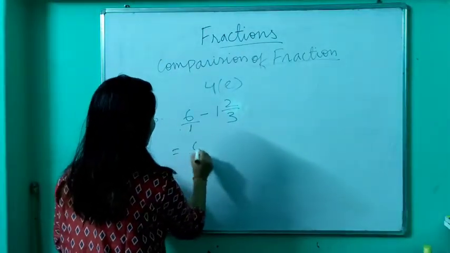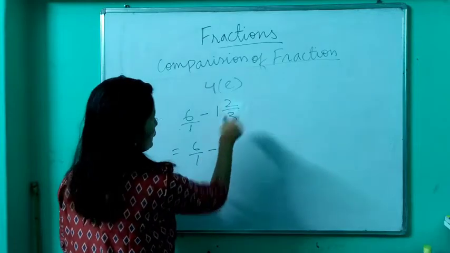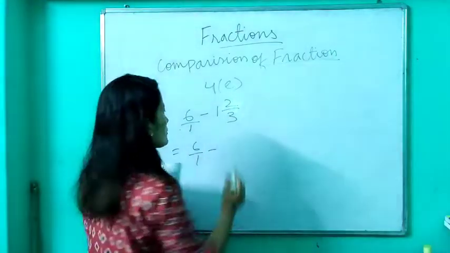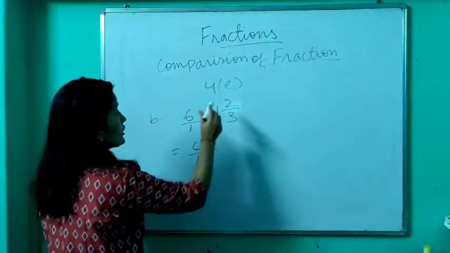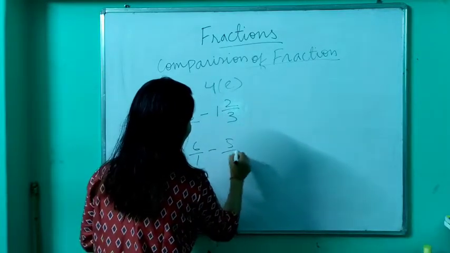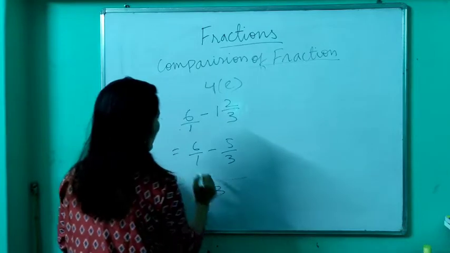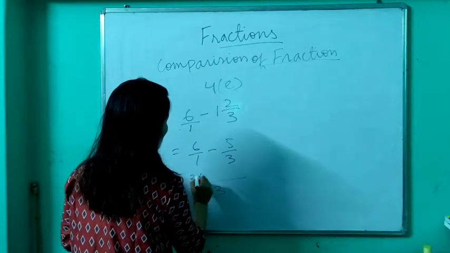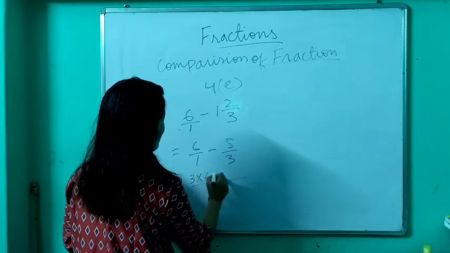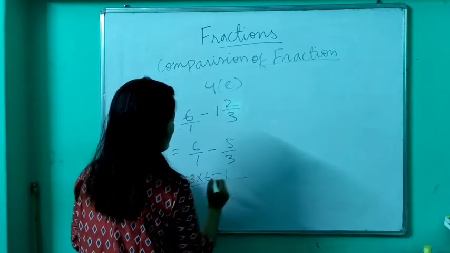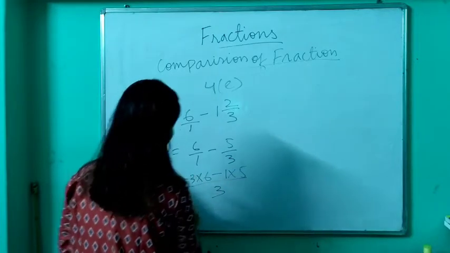So 6 by 1 minus, you have to convert the mixed into improper. So 3 1s are 3, 3 plus 2 is 5 divided by 3. So LCM of 1 and 3 would be 3. So 1 3s are 3 into your numerator, minus 3 1s are 3 into your numerator.